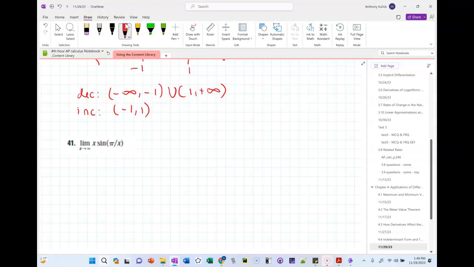What should I do first? Absolutely. So when I plug infinity in for x, I get infinity. And when I plug infinity in for pi over x, what does that become?